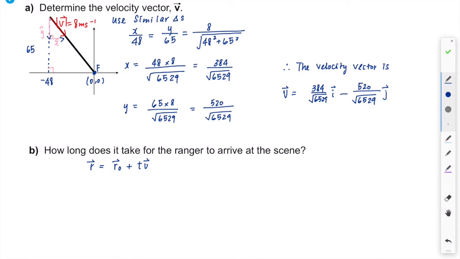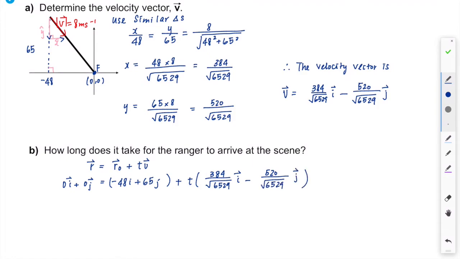So the actual position that we're looking at is 0i plus 0j, and this is equal to negative 48i plus 65j, that's the original position, plus t times 384 over the square root of 6529 i minus 520 over the square root of 6529 j, like that.